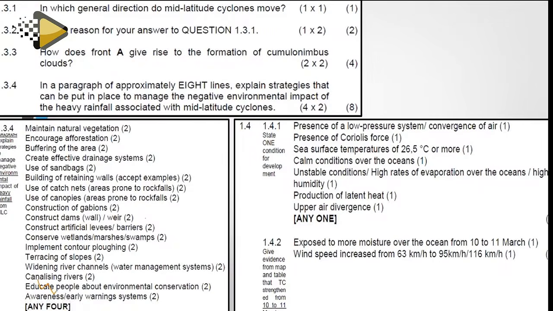You can buffer areas, create an effective drainage system, use sandbags, build retaining walls, use catch nets in places that are prone to rockfalls, use canopies in areas prone to rockfalls as well, construct gabions, construct dams, construct artificial levees or barriers to reduce flooding, conserve wetlands so that they can reduce the volume of water that is flowing, and then implement contour plowing that's going to reduce water speed.